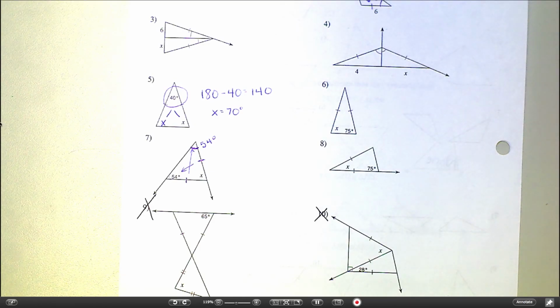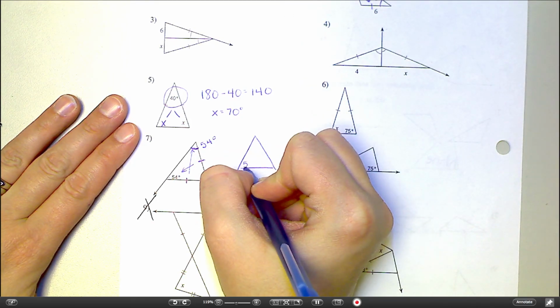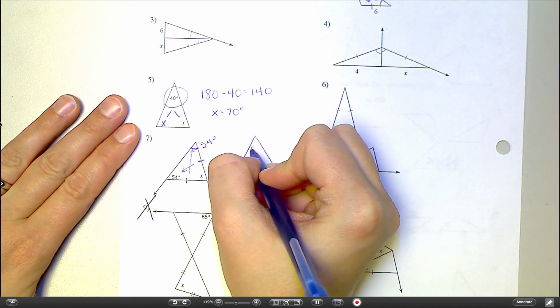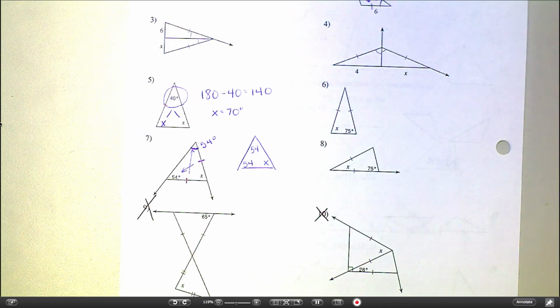What, if I just gave you that as a triangle, if I didn't give you congruent sides, if I just drew you a triangle and said, this is 54, and this is x, and I said, find x, what would you do? You would add the 54s, and then minus from 180. That's right. Yep.